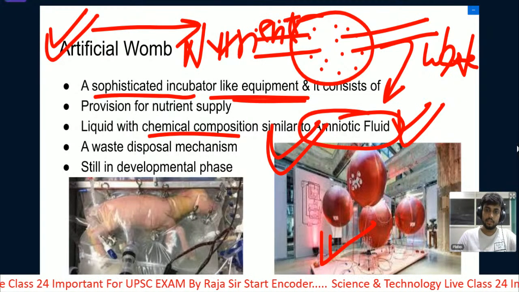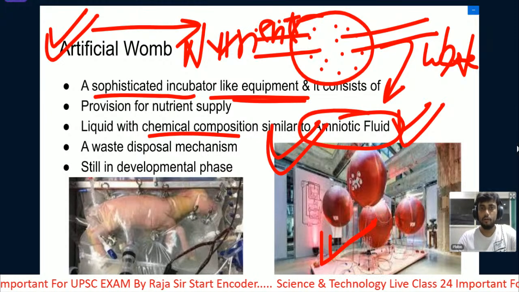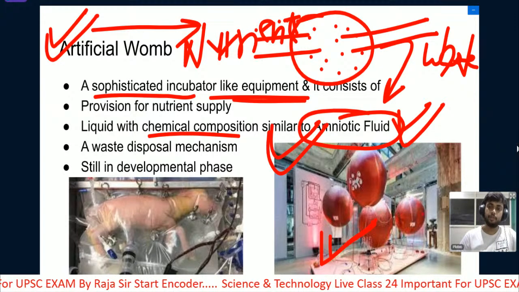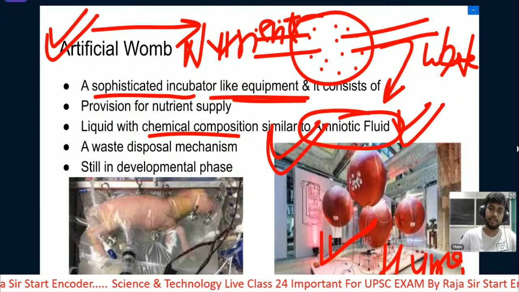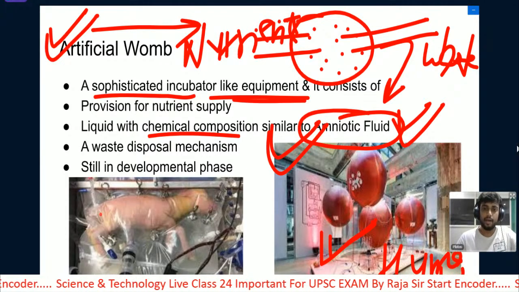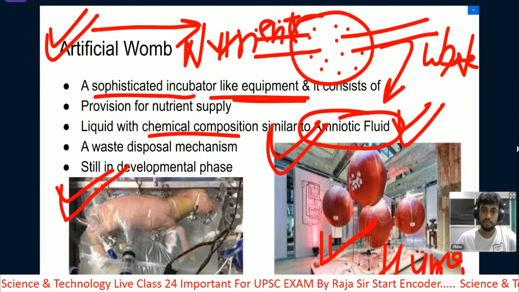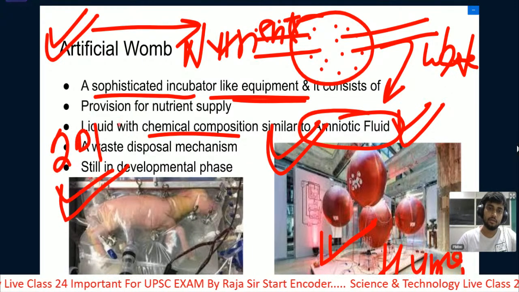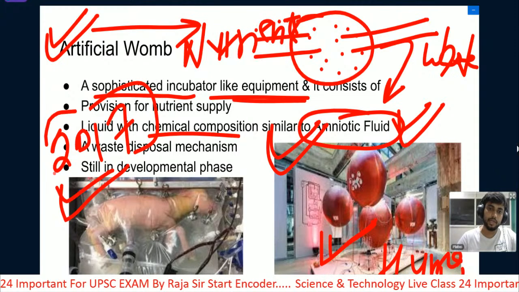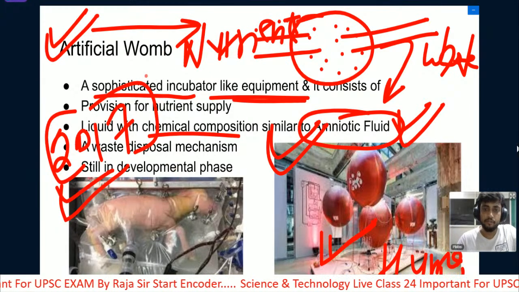So this is an artificial womb which is in the developmental stage, and this will be used for humans. It is still in the developmental phase, and here we have a sheep that was developed in the year 2017. A sheep was developed in an artificial womb.